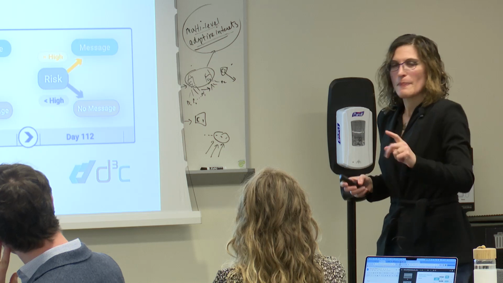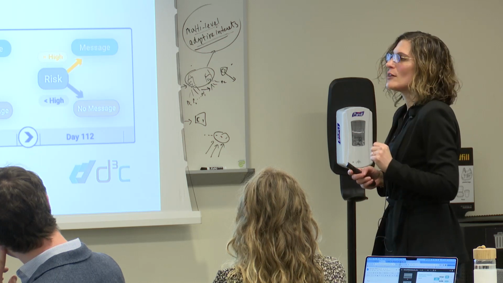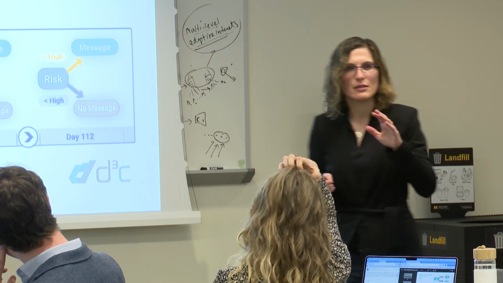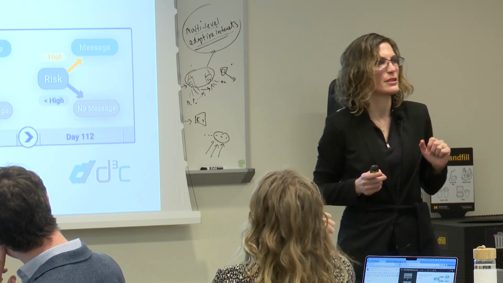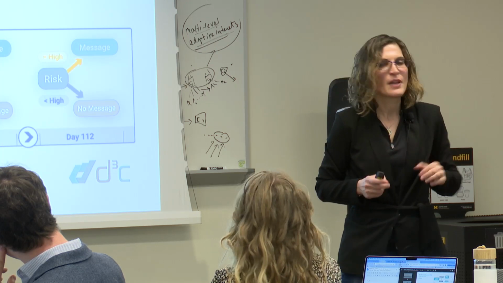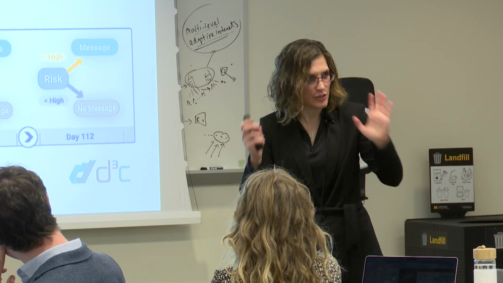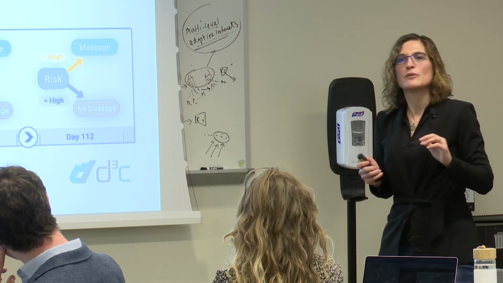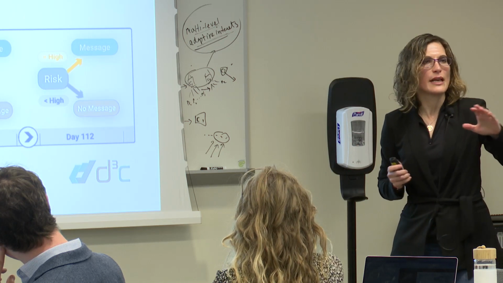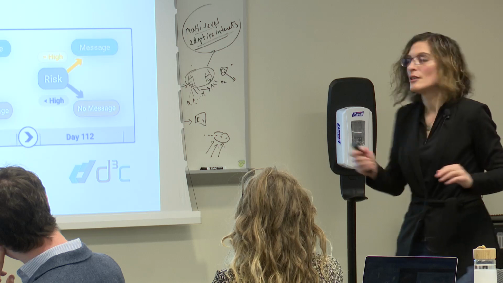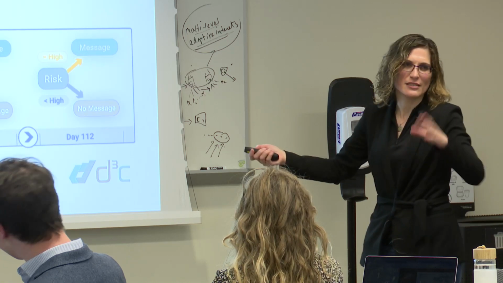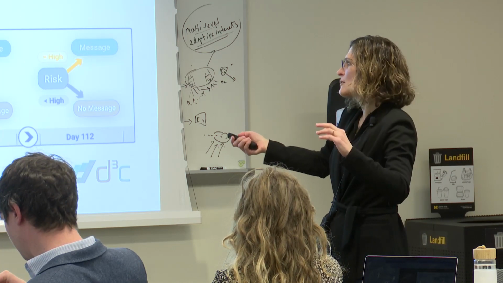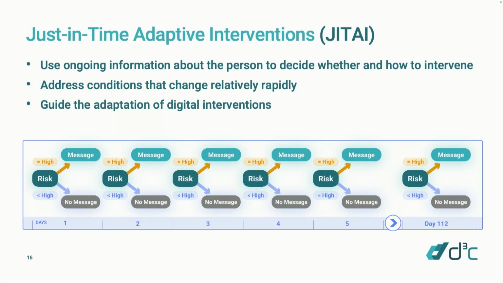As an example, I want you to think about the digital intervention that youth received in the emergency department from the previous example. And suppose that as part of this digital intervention, every day we collect information about the person's state and context. We use ecological momentary assessments every day, EMAs, to ask them about their stress, their loneliness, their hopefulness.